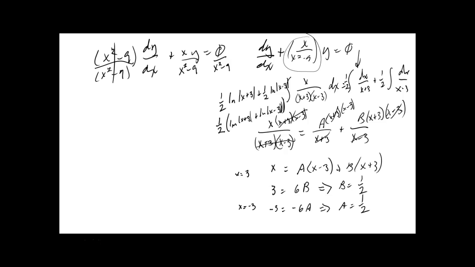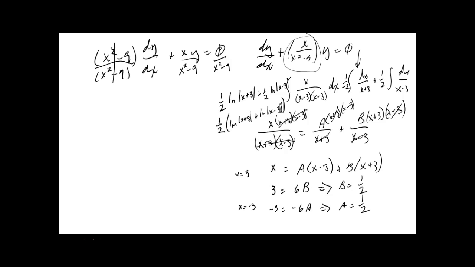In addition to your trig functions, you need your log identities. ln of AB is equal to ln of A plus ln of B. So ln of A plus ln of B is the same as ln of A times B.